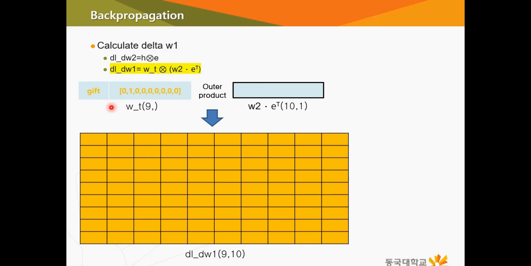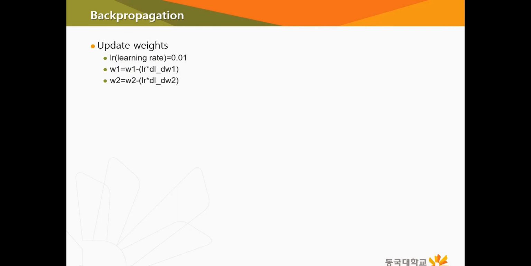For example, let's say we have a vector gift for the target word, and if you take the outer product with W2 inner product transpose of E, which is of shape 10, 1, then it will return a matrix of shape 9, 10. Once you have the vectors for delta W1 and delta W2, you can update the initial weights of the vectors W1 and W2 with the learning rate.